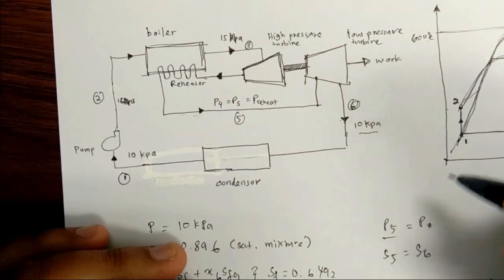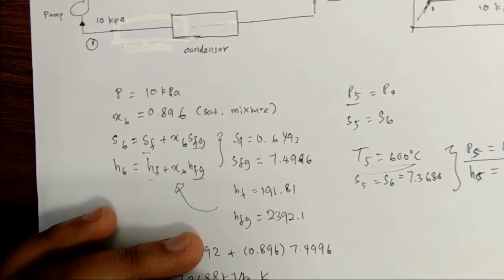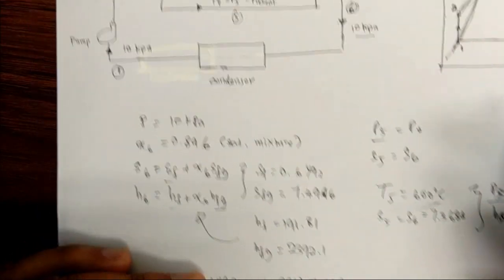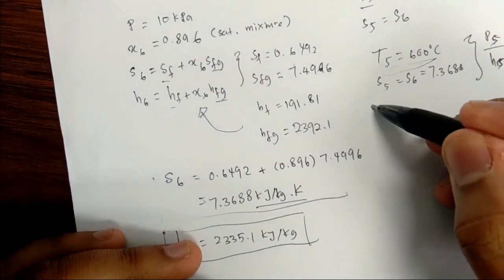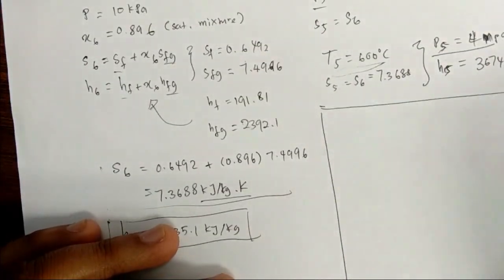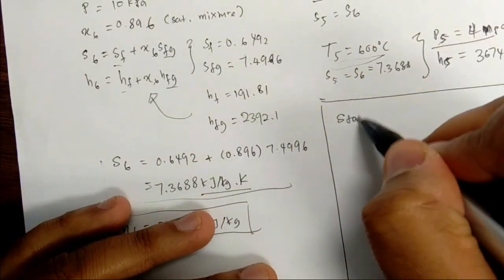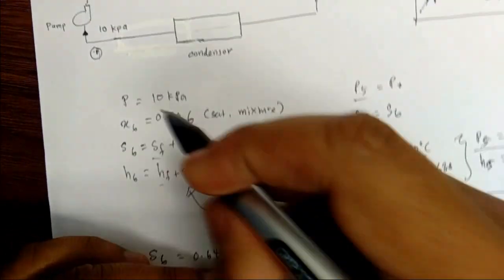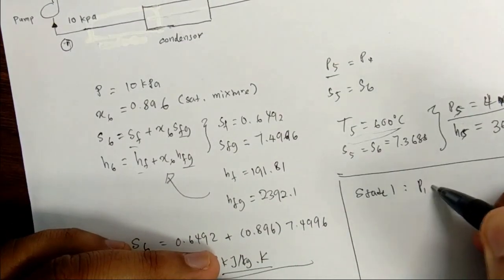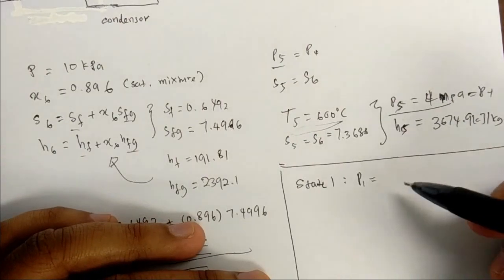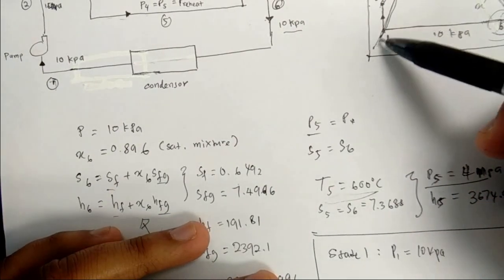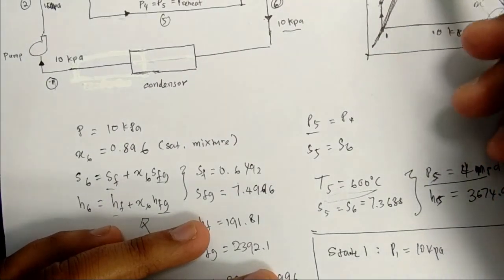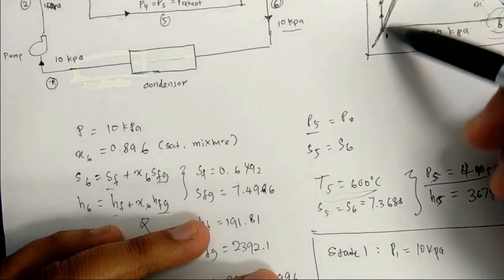Same thing, we start from state 1. State 1, what is the information? P1 is equal to 10 kilopascal, and state 1 is at the saturated line, which is the saturated liquid.